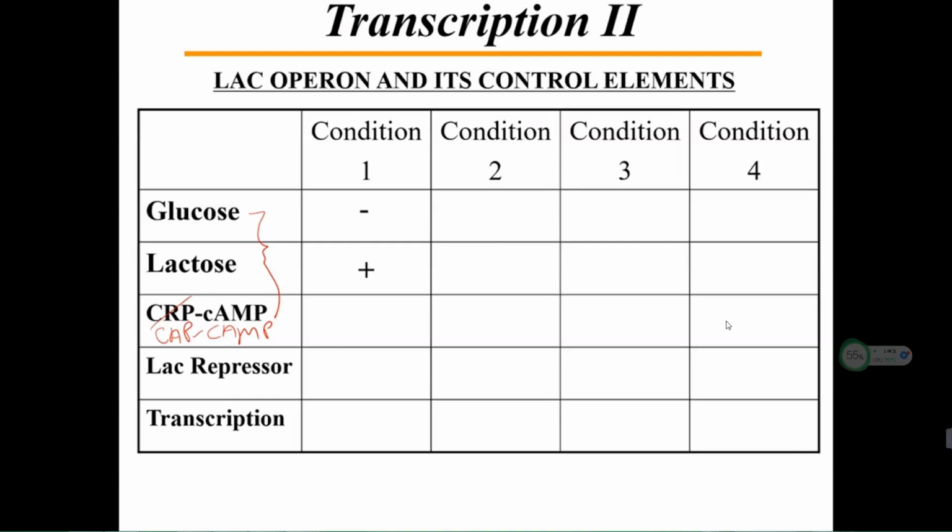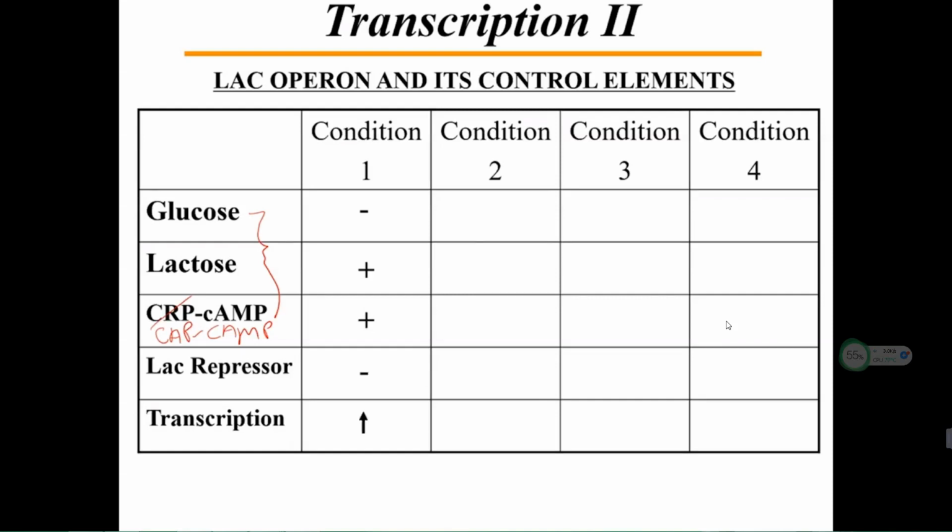Is our lac repressor bound at this point if lactose is present? In this case it isn't, because we've generated allolactose, so no repressor bound. So then the question becomes, do we get transcription with no repressor bound to the operator region? And of course we do. Okay, so transcription is going to happen.